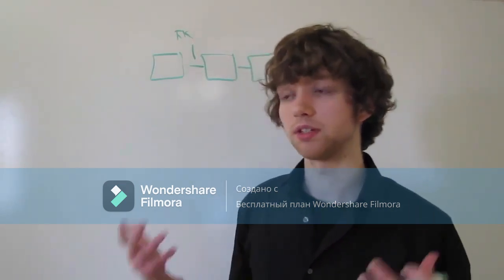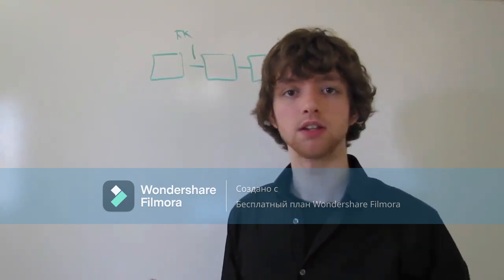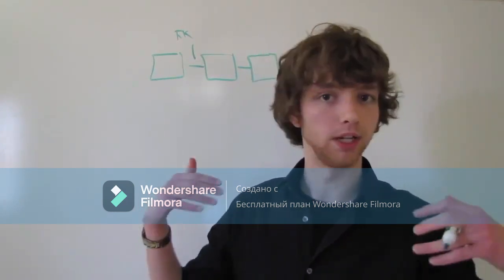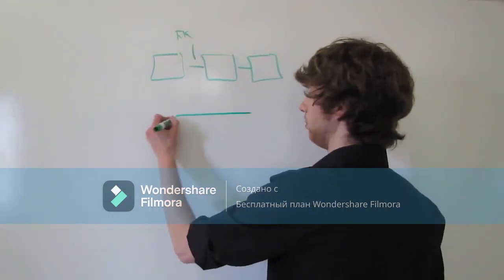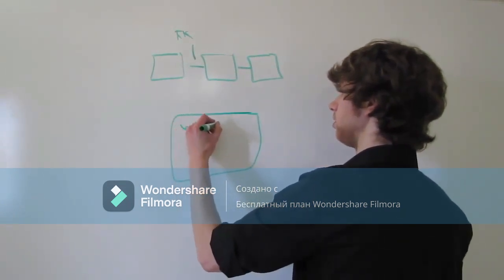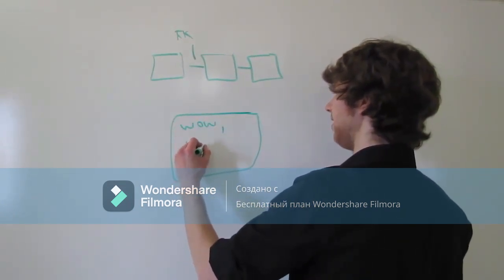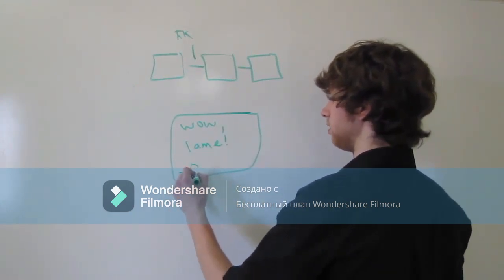Now, when you join tables, often you will replace names of things with more user-friendly names. For example, let's say we had a comment on a website, and it says, wow, lame. And then this is posted by Caleb.